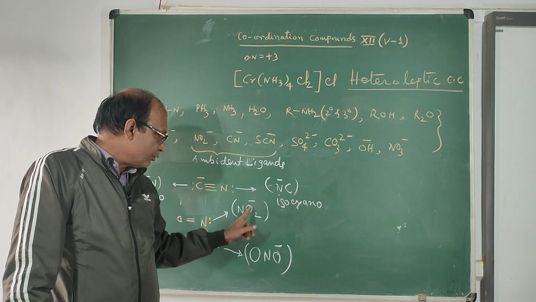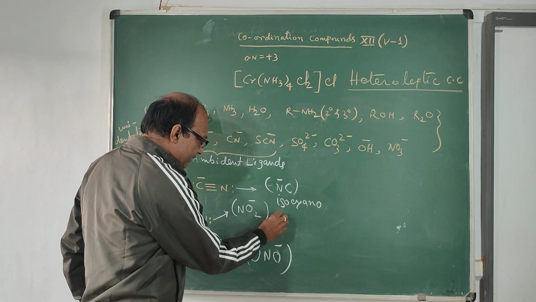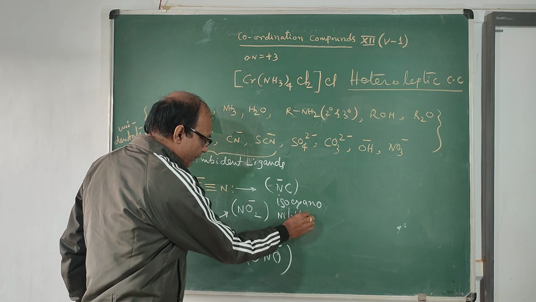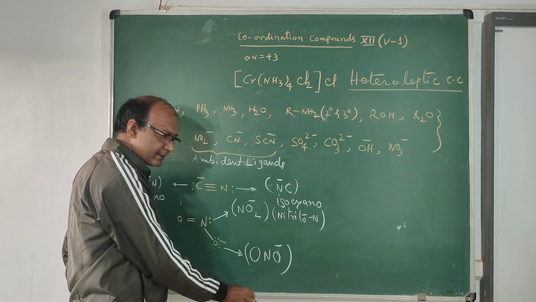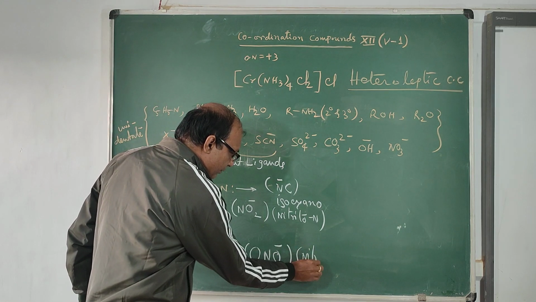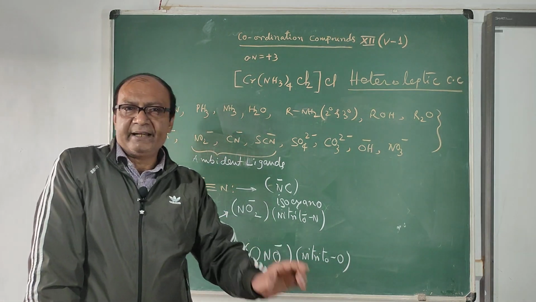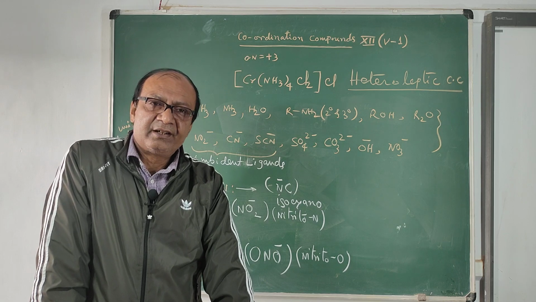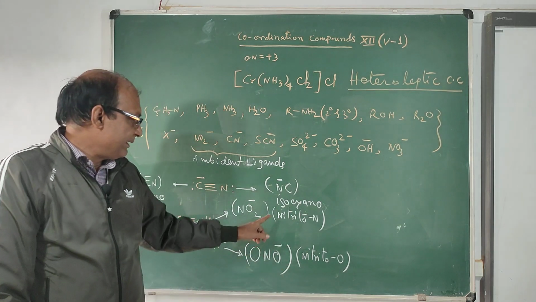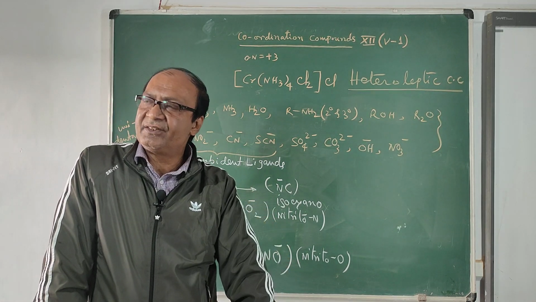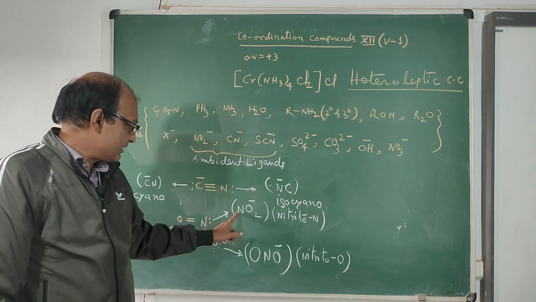And if it is nitrito-O, it is clear that the bonding takes place through the oxygen side. And if it is given as nitrito-N, it is clear the bonding takes place through the nitrogen side.